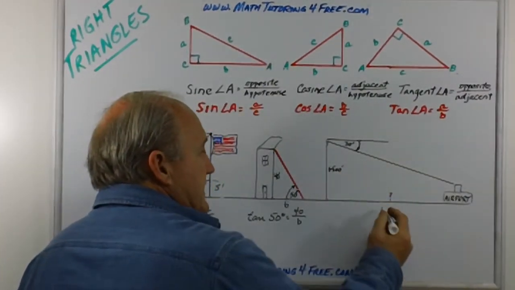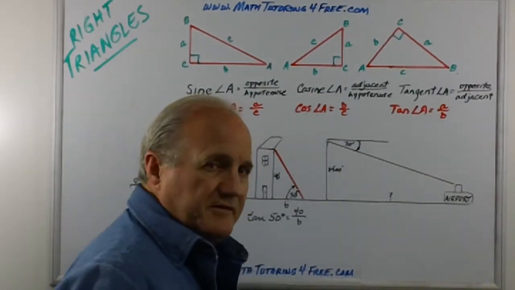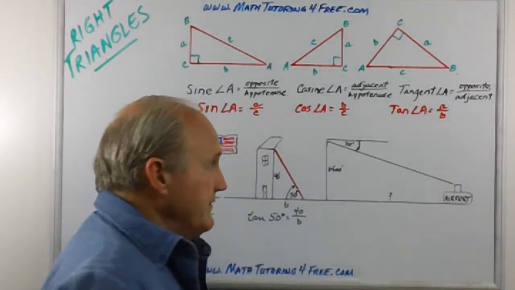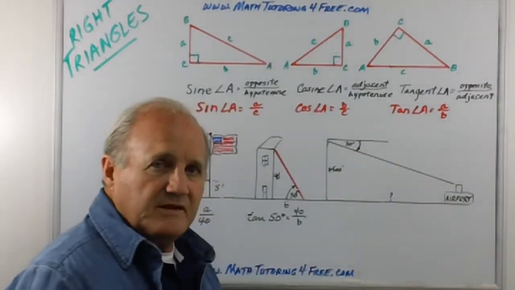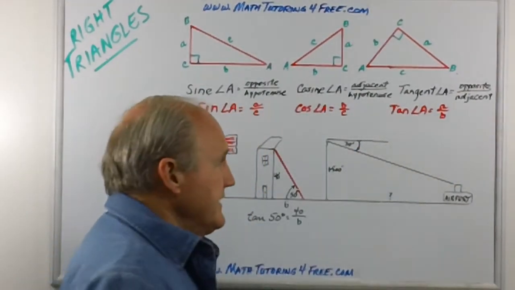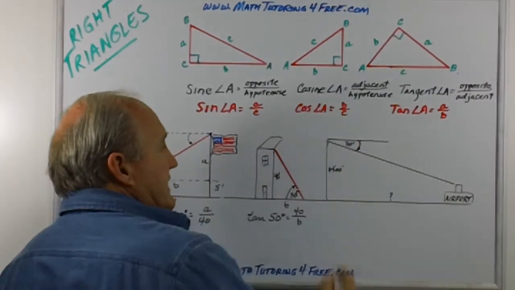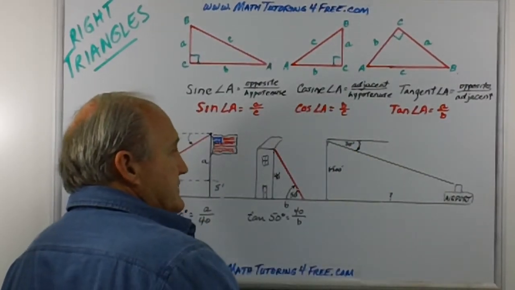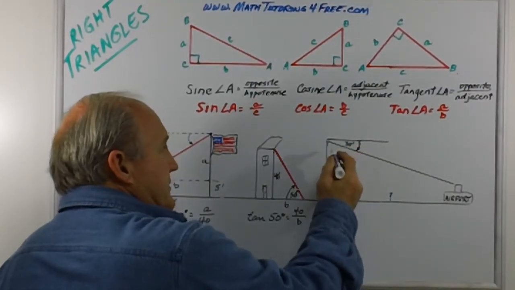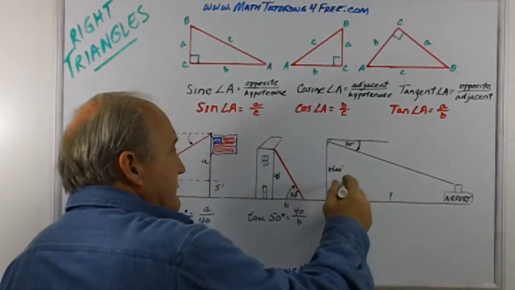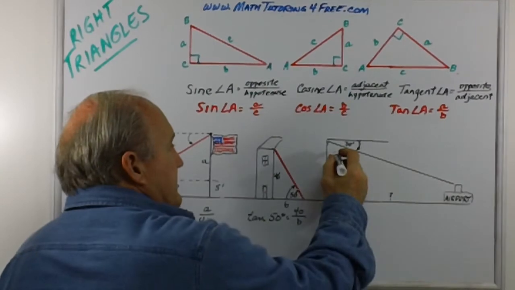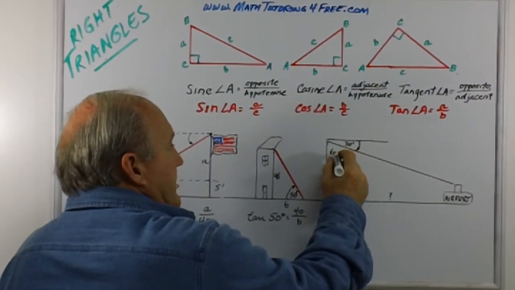The question is, how far is he from the airport? Well, the angle of depression is 30 degrees. That's outside the triangle, isn't it? But it's always measured from the horizontal. So one of the things we could do is say, well, the complement to that, since the horizontal with the vertical forms a right angle, would be 60 degrees, wouldn't it?